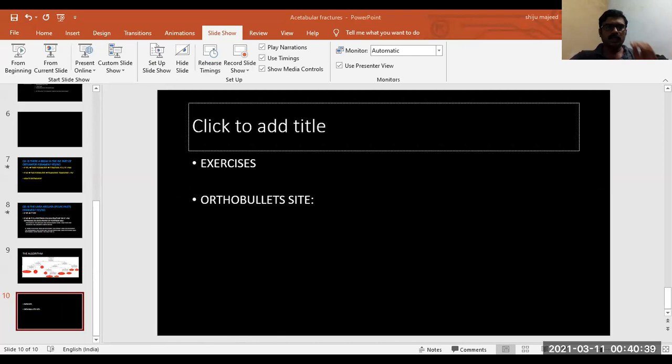Let us see one X-ray, and let us see whether we are able to classify this fracture. You can see there is a fracture of the acetabulum. The first question is whether the iliac wing is involved. I can't find any iliac wing involvement, so the first three possibilities are out. Now there is ischial spine involvement, and we look at the ischial spine involvement.